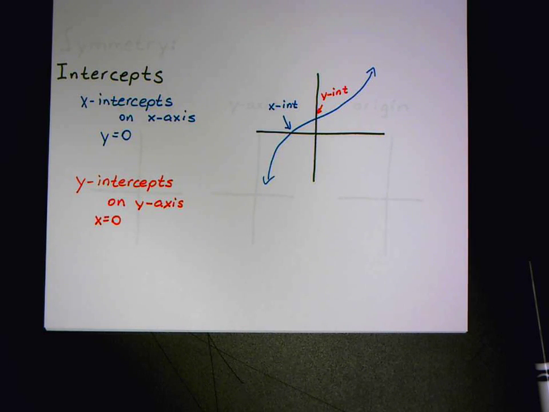Now, there's going to be maybe a little bit in your book that has you do it graphically, but most of what we're going to be interested in is for you to be able to do it algebraically. If I give you a problem and ask you to find the y-intercept, you should know that you have to change x into 0 and that you know how to solve for y.